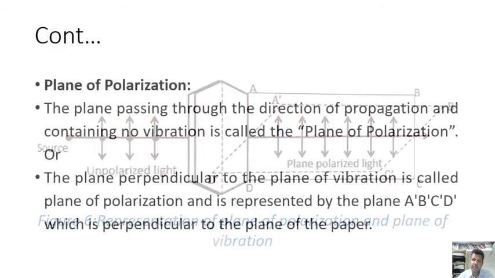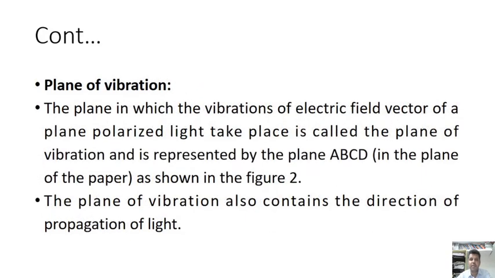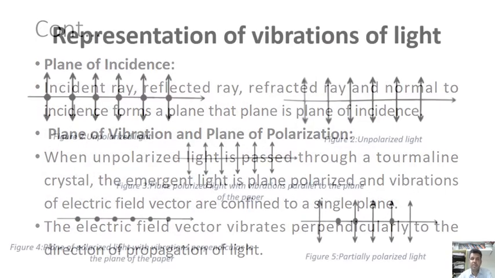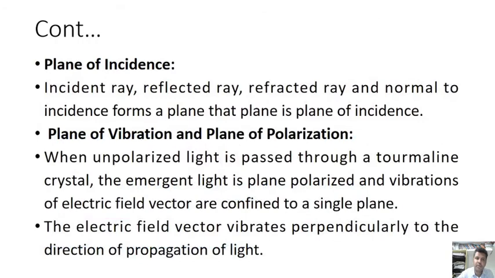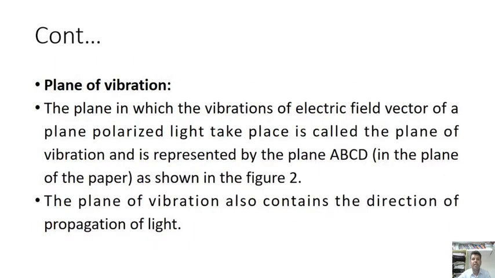Okay, see in this diagram whatever concept we discussed, you can see. So in figure 2, what does it explain? The plane in which the vibrations of the electric field vector of a plane polarized light take place is called the plane of vibrations.